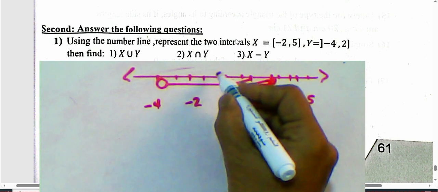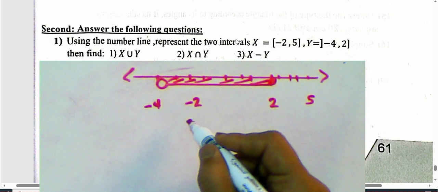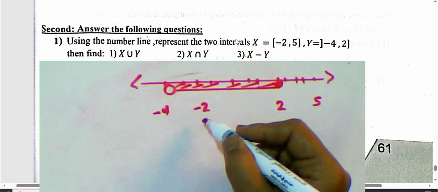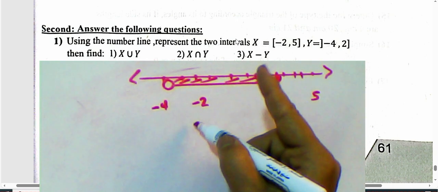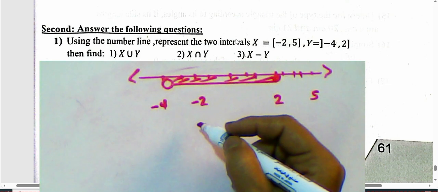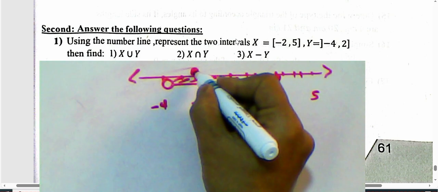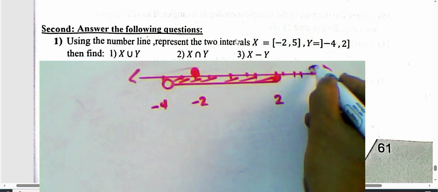The second interval, x, is from negative 2 to 5: negative 2 closed and 5 closed.